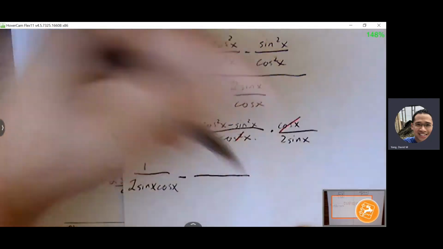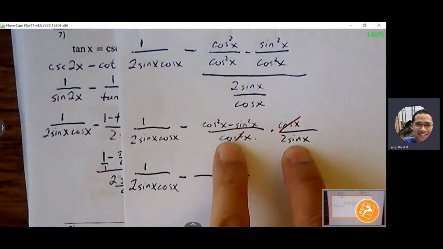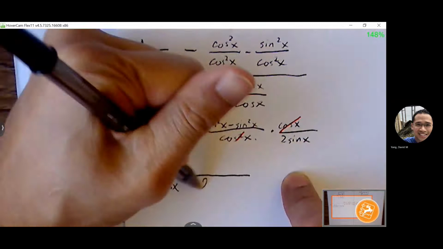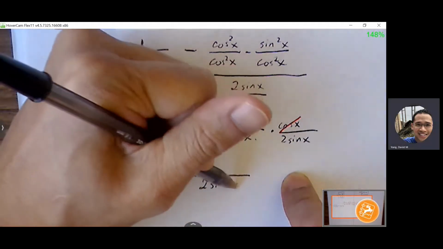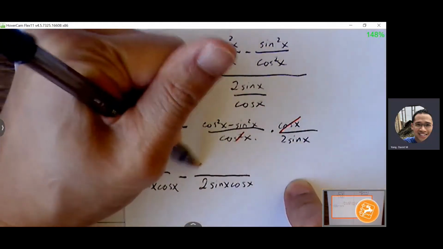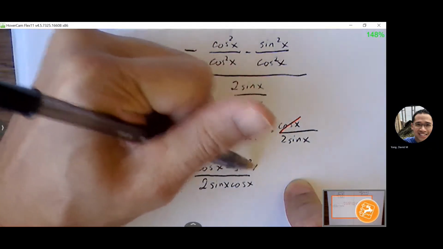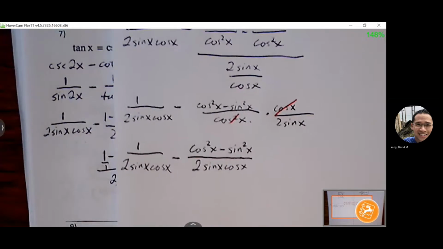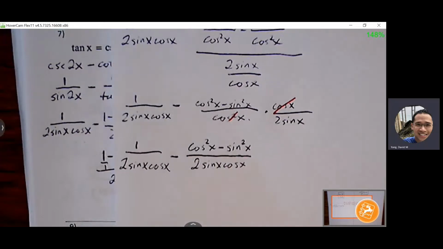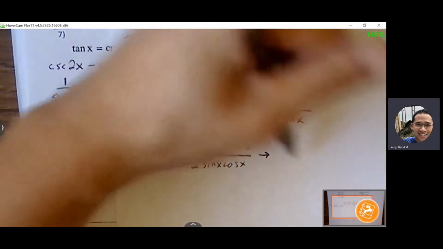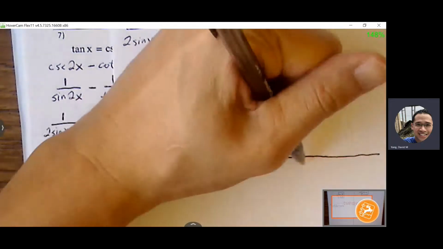So the nice thing is that the denominator is actually going to match up nicely. This is 2 sine x cosine x. And the top is cosine squared x. Now that we have common denominators, we can make that all sit under one fraction.